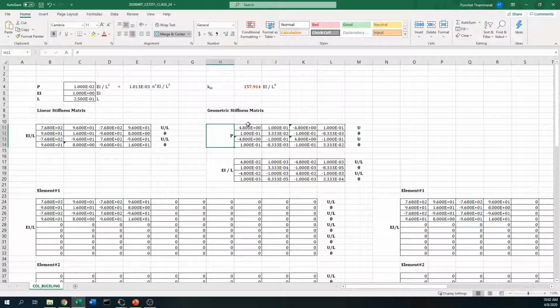It is the P multiplied by 1.2 divided by H, or the length L. And this is 0.1, which is 1 over 10. You just go back to the computer methods in structural analysis course and dig it up. Actually, in the finite element course, I also showed you the derivation of this geometric stiffness matrix.